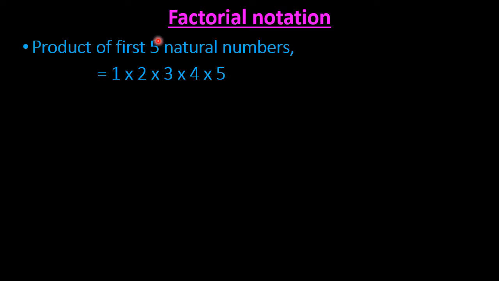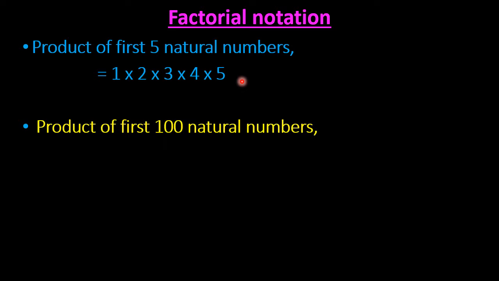Here we have taken only 5 natural numbers, but what if we want to write the product of 100 natural numbers? If we write all the 100 natural numbers starting from 1 till 100, it will not fit in one page.